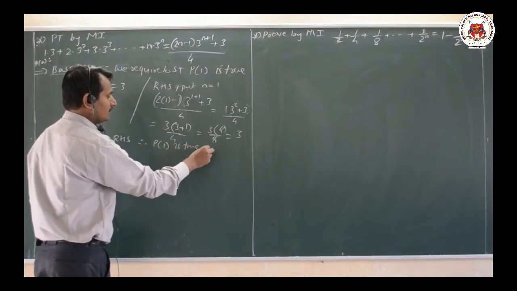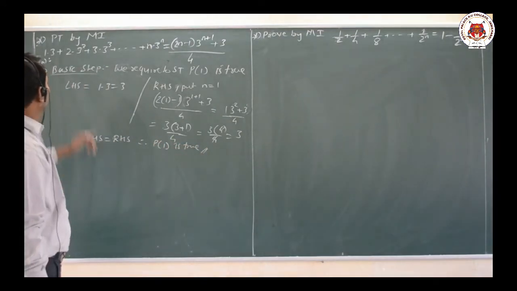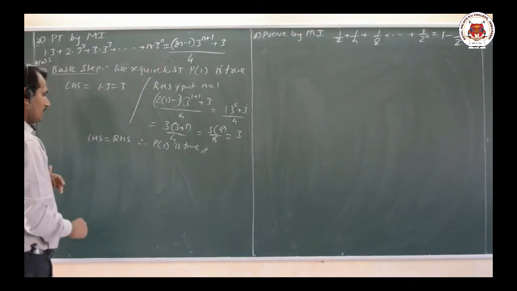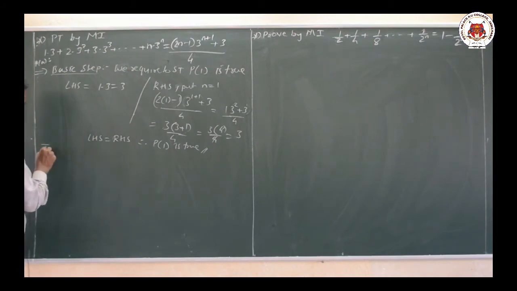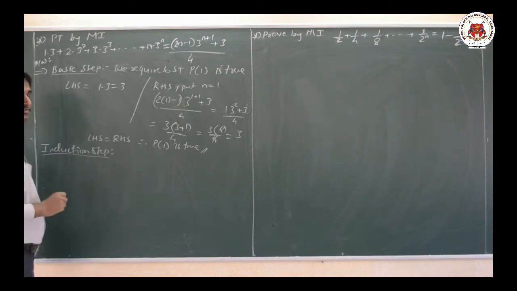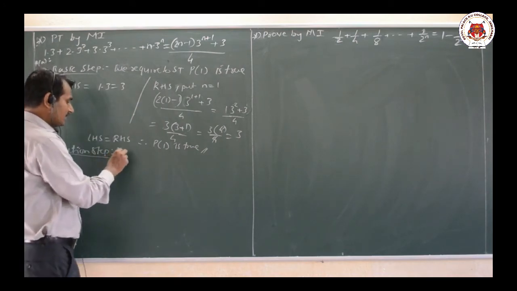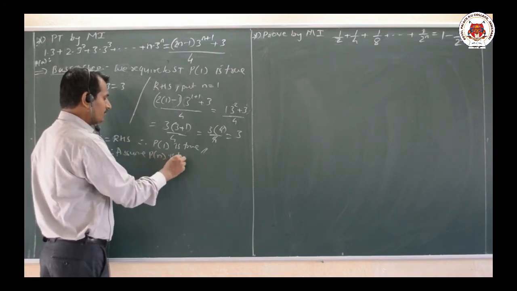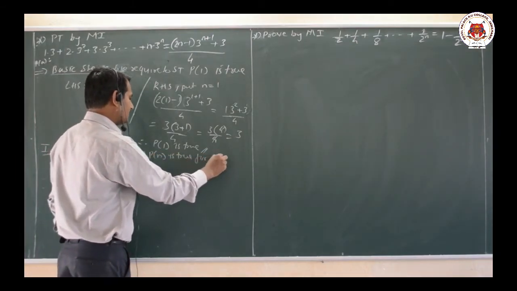P of 1 is true. What does that mean? P of n is true for n is equal to 1. The next step is the induction step. Assume P of n is true for n is equal to k.